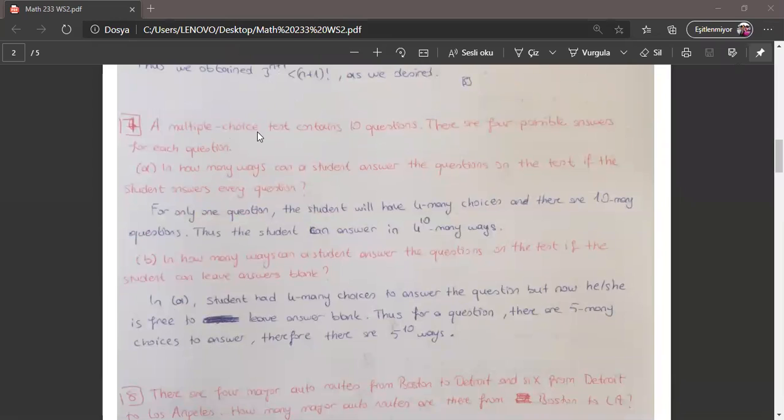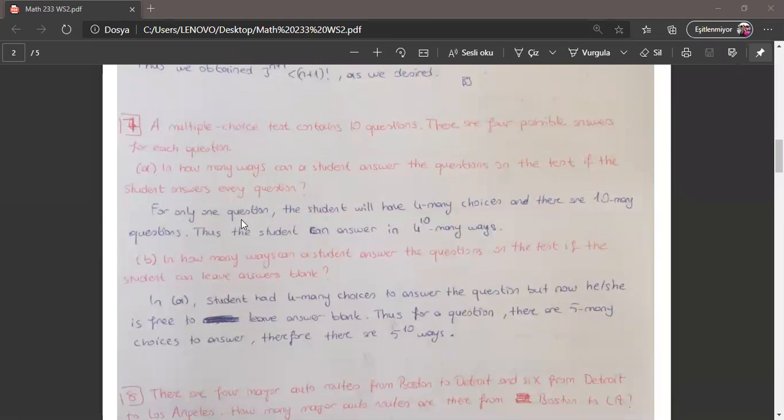Now we have a test which contains 10 questions, and each question is multiple choice. So we know that there are 4 possible answers for each question. Now first we want to compute this.